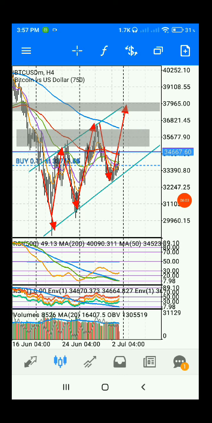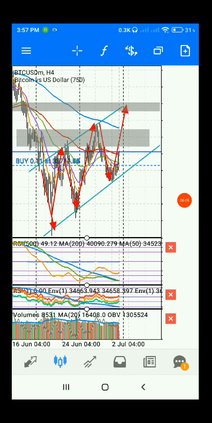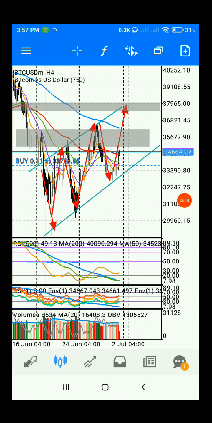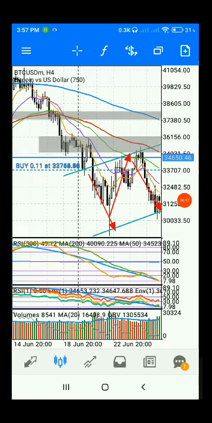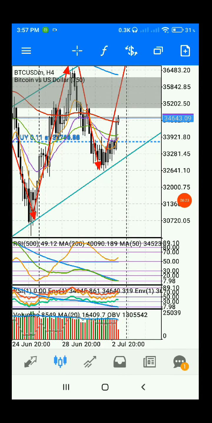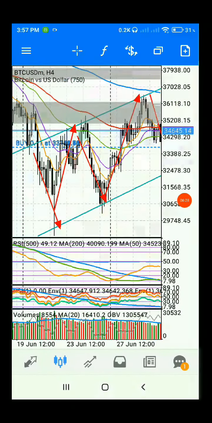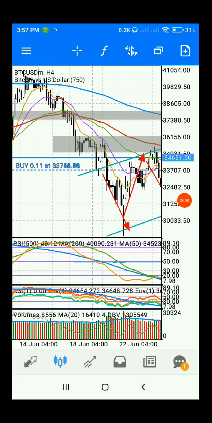Because if you see here, if I zoom it, a little zoom, here, if I zoom it, as you can see, if you see this point and this point.